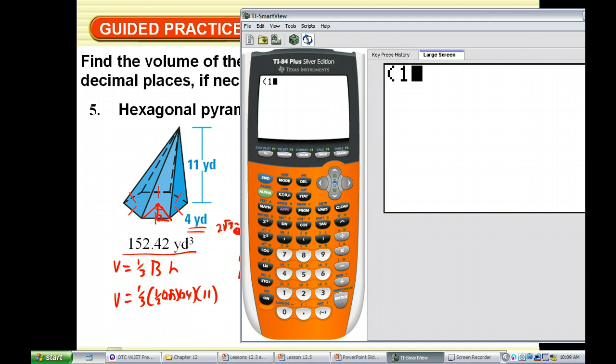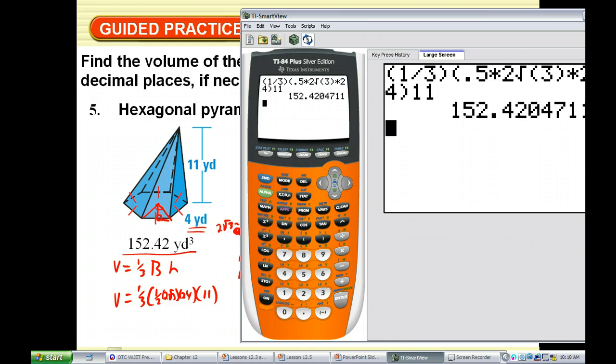So I've got 1/3 multiplied times 1/2, we'll just put 0.5 for that, multiplied times 2 square roots of 3, multiplied times 24, close that off, and multiply the whole thing by 11, and that should give us our 152, and you can see that it does.